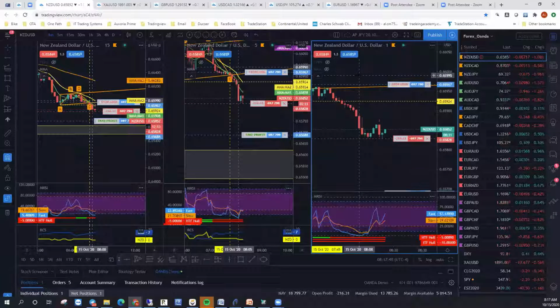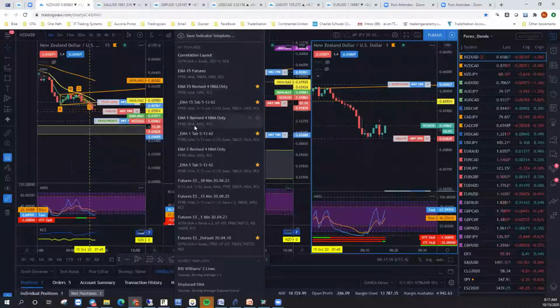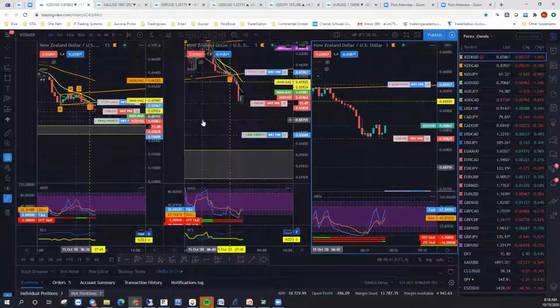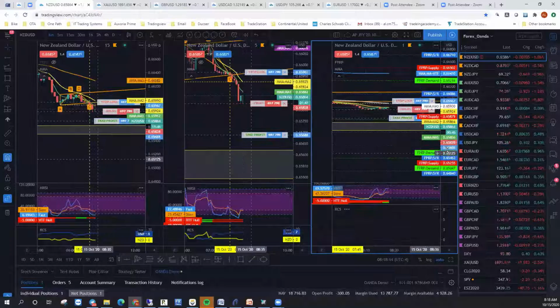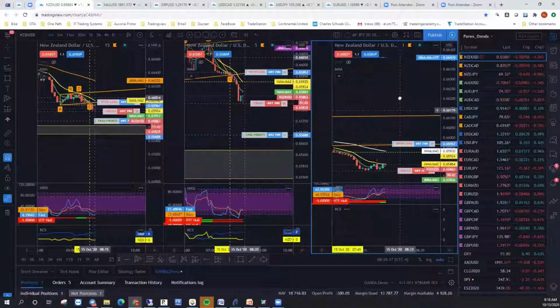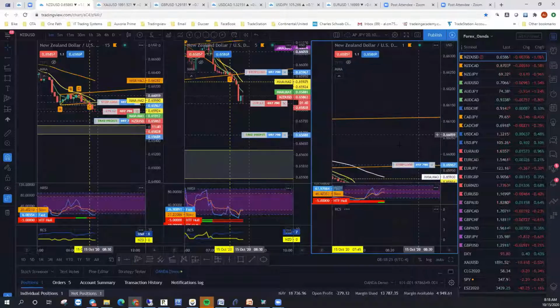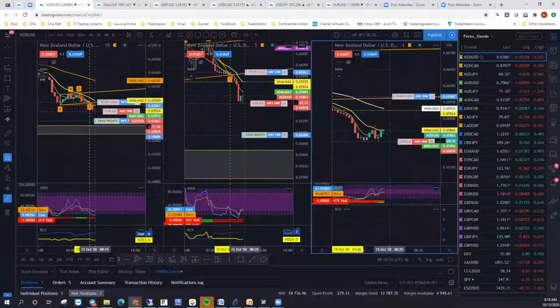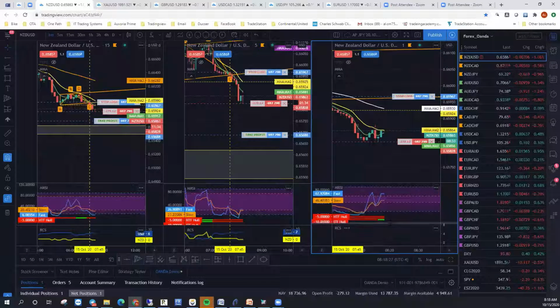How did I lose that one? I want to get my RSI tool back up here on the 1 minute. All right, now we have lots of strength to the side favoring the dollar.